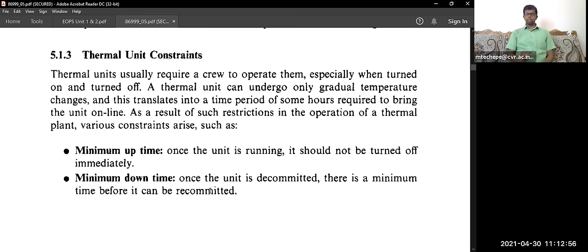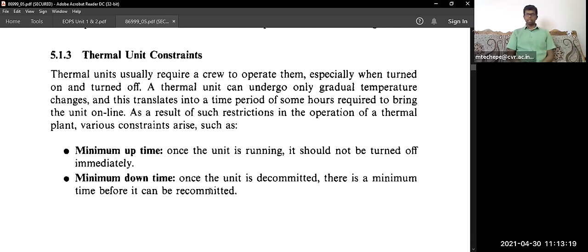Some time is required to stop, and after that, some time is required to recommit also. Recommit means to start also, as I said, like 2 hours minimum to start the whole plant.